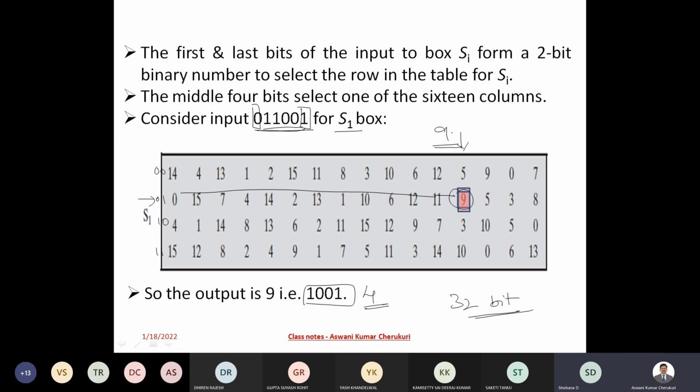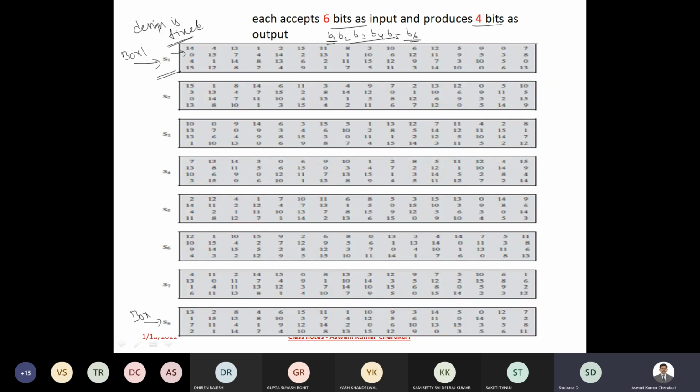I'm happy that you are able to follow it. At the same time, those who are really interested need to see how these S boxes are designed, and what is the rationale for why these numbers have come. There is a MOOC course exclusively on how to design an S box, the substitution box.